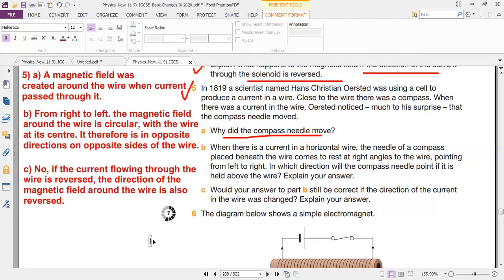So if the current is reversed, the magnetic field around the wire is also reversed.